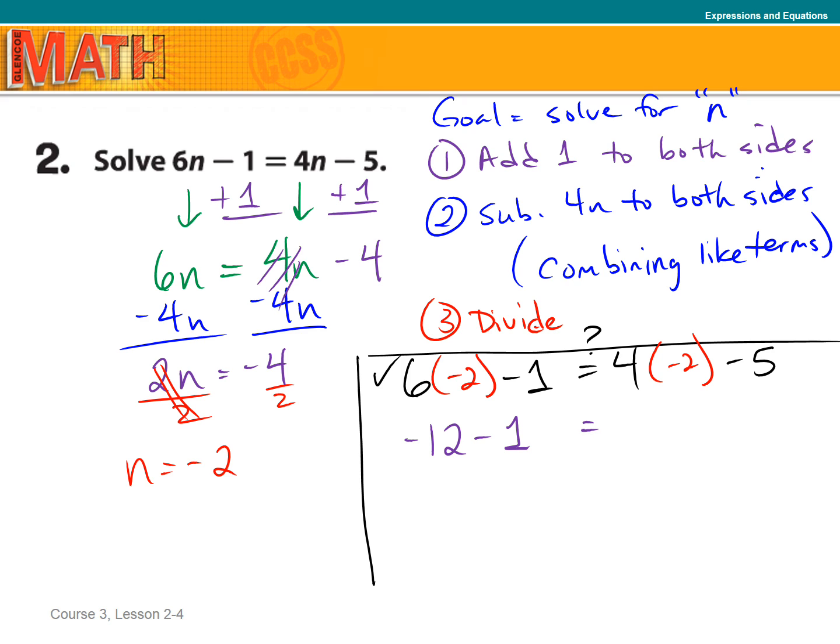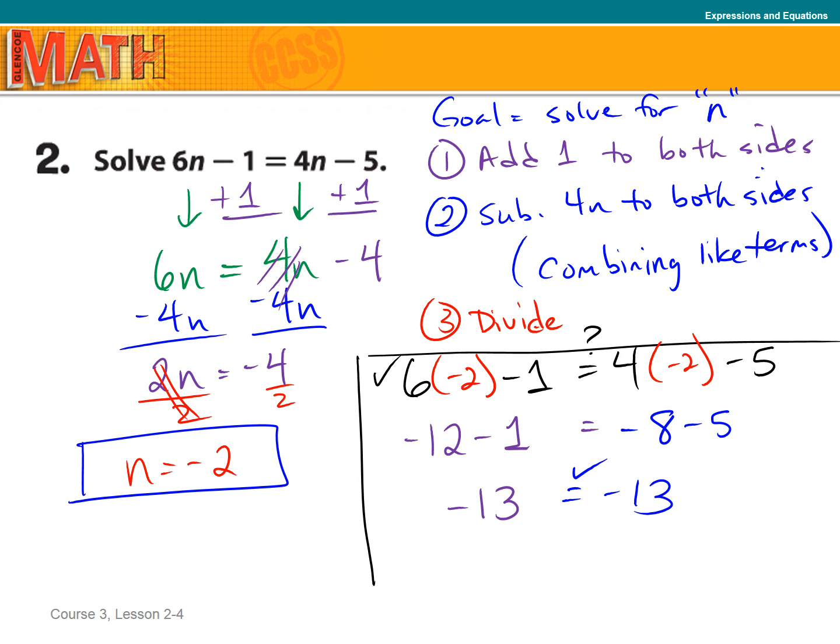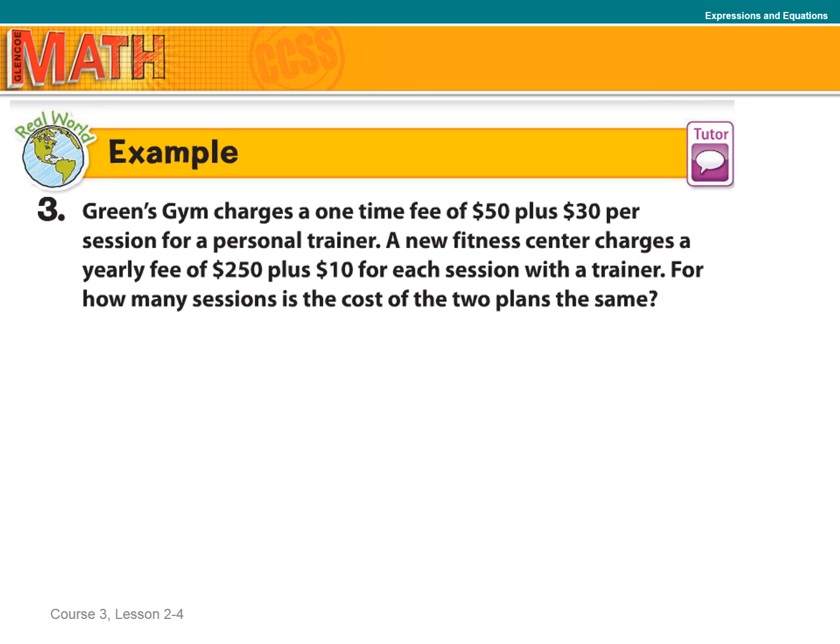On the left-hand side, negative 12 minus 1 is negative 13. On the right-hand side, we have 4 times negative 2, which is negative 8, minus 5. Negative 8 minus 5 is equal to negative 13. So I am 100% sure my answer is n is equal to negative 2.